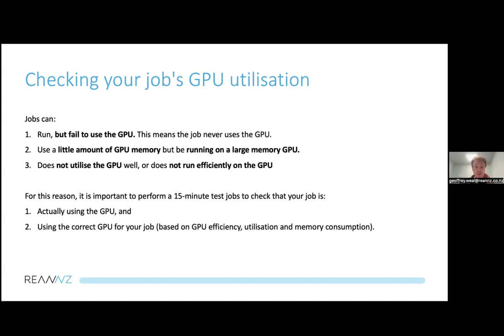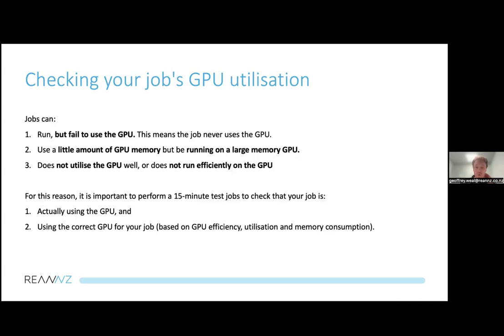Jobs can sometimes use a small amount of GPU memory but be running on a large memory GPU. Or they might not utilize the GPU very well, in that it's not actually using the full potential of the GPU. So it's really important to be checking and testing to make sure that your jobs are using the GPUs effectively.